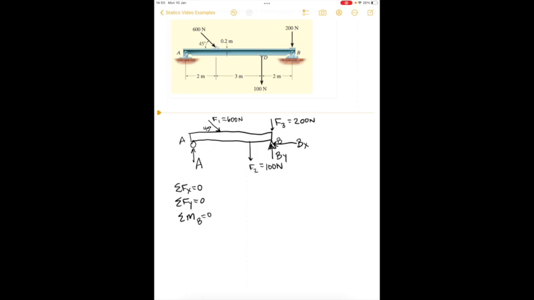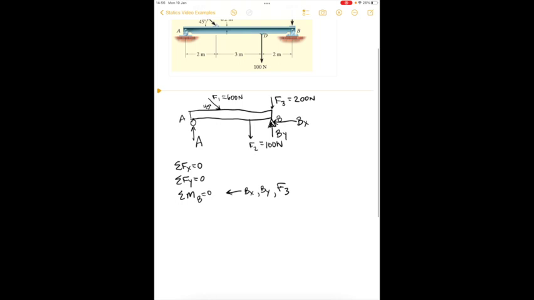The reason I choose point B is because there are 3 forces, Bx, By, and F3, all point through the point B, and therefore their moments will be 0. So we always want to choose the point with the most forces pointing through it so that we can eliminate as many forces as possible.